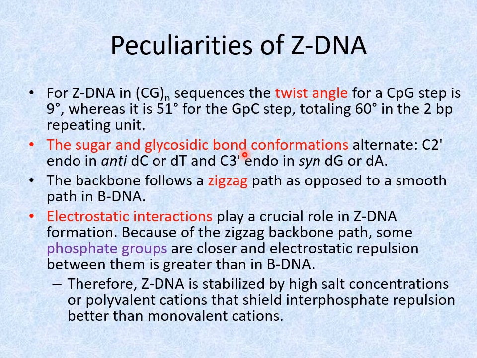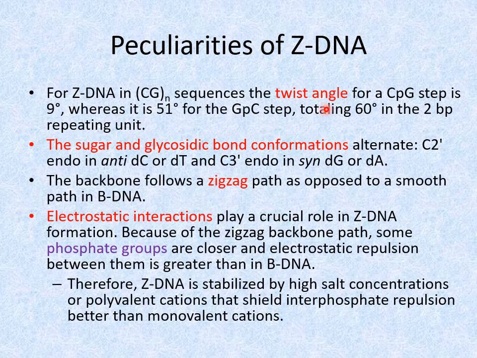In case of A and B, it was either C3' endo or C2' endo conformation. While in case of Z-DNA, whether it will be C2' endo or C3' endo will depend upon the type and orientation of the nitrogen base present. So that gives the zigzag formation.